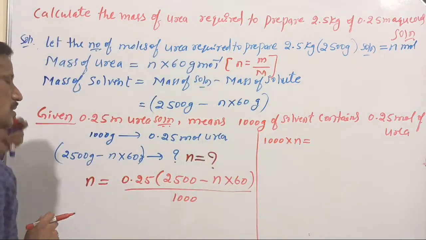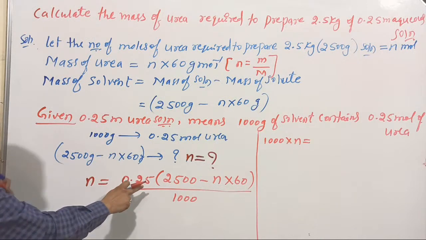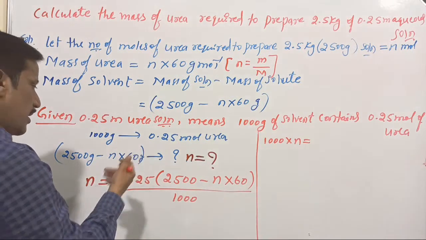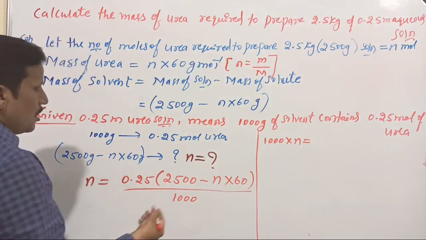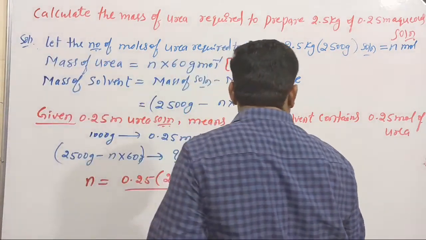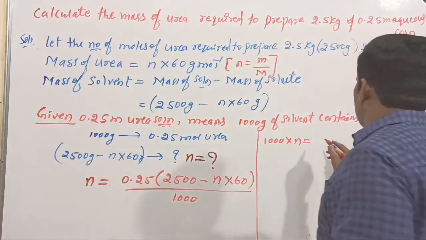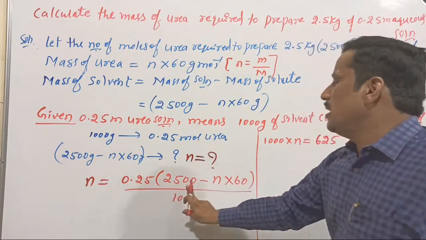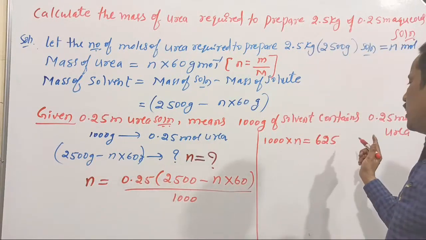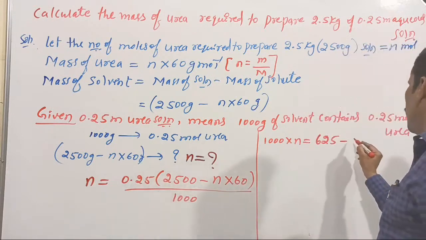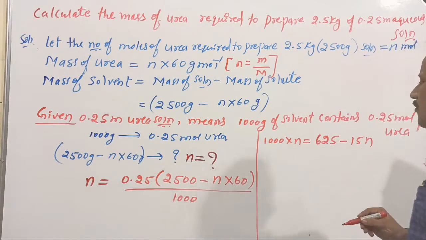0.25 into 2500. 0.25 is nothing but 1 by 4, so 2500 by 4, or 0.25 into 2500, we get 625. 625 minus 0.25 into 60, that is 15n.